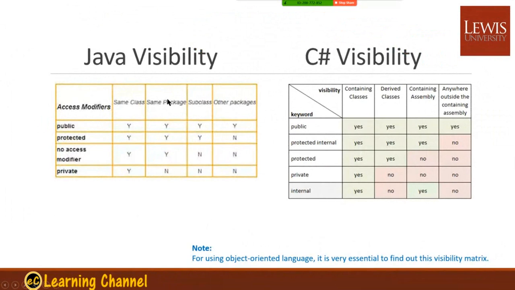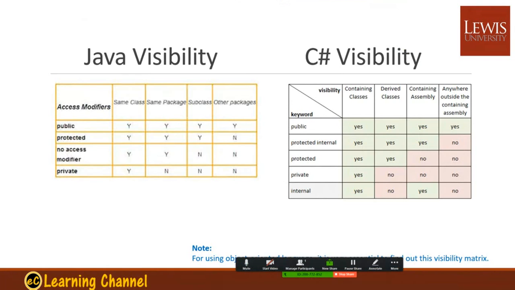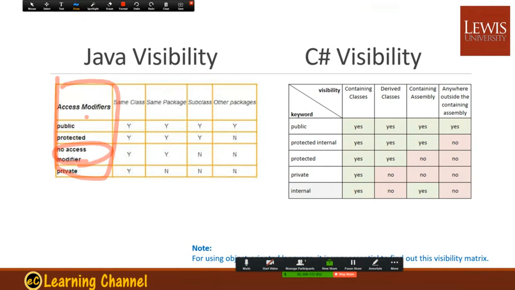Java visibility, we saw this before. Java actually has 4 levels, including a no-modifier level, which is the package level. It allows same-package access, but in C++ we don't have that.